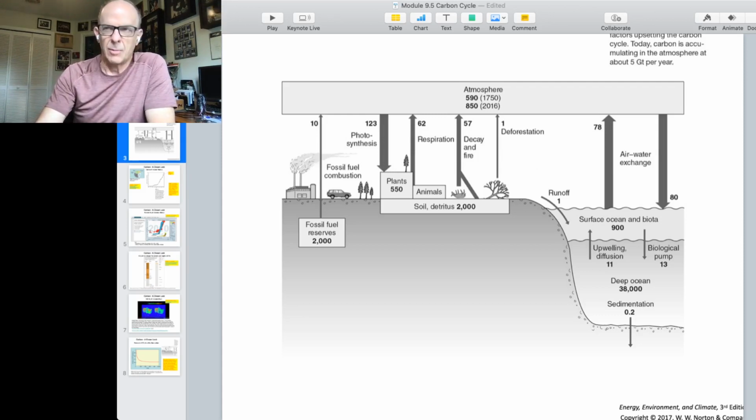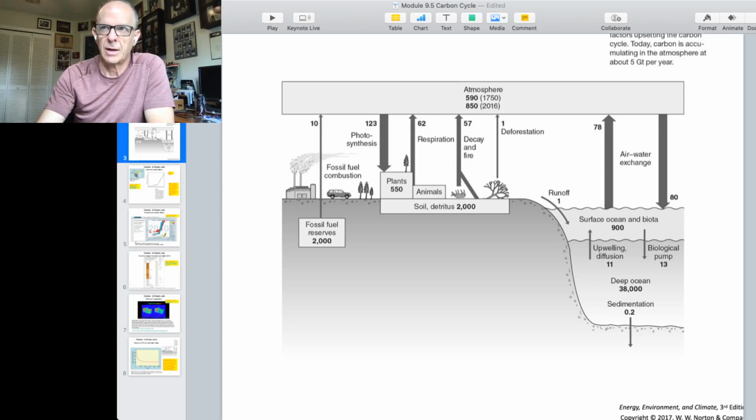In 1750, prior to the Industrial Revolution, the atmosphere had 590 gigatons of carbon suspended in it in the form almost entirely of carbon dioxide. In 2016, that number was 850. These are the numbers that correspond to the 270 or 280 parts per million of carbon dioxide prior to the Industrial Revolution.